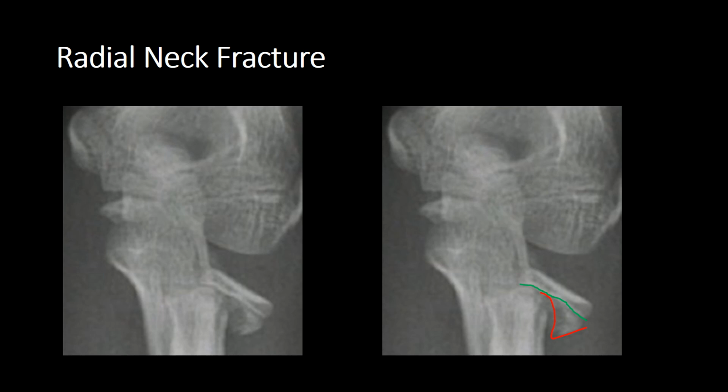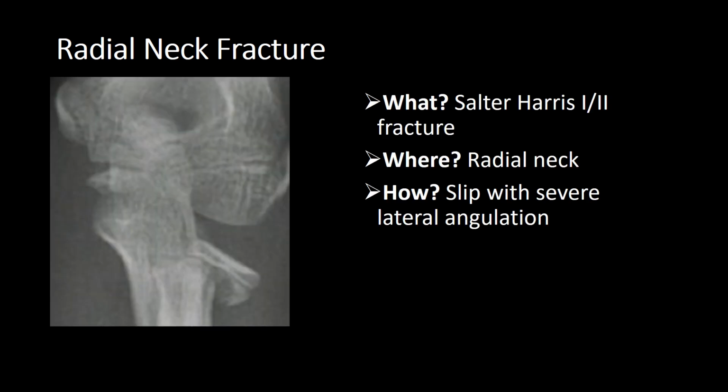So in this particular example, we actually have a Salter-Harris 1/2 injury because we have a fracture through the metaphysis and associated lateral slip of the Salter-Harris 1 injury. So what is it? It's a Salter-Harris 1/2 fracture. Where? The radial neck. How? It's a slip with severe lateral angulation.